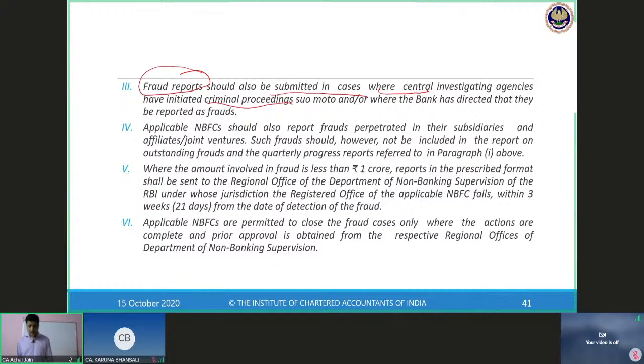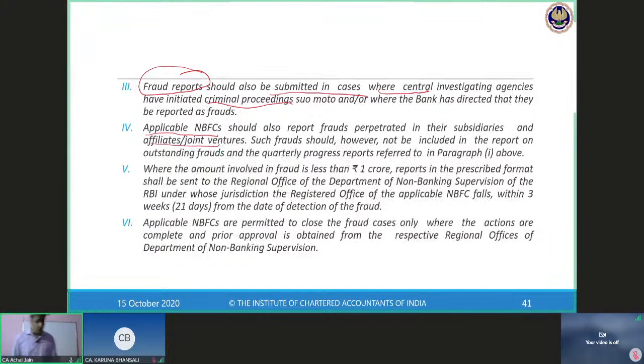Applicable NBFCs, again means the NBFCs which are covered, should also report frauds perpetrated in their subsidiaries. So let's suppose NBFC has a subsidiary and the fraud is perpetrated in subsidiary, not in the NBFC itself, or its affiliates or its joint ventures.